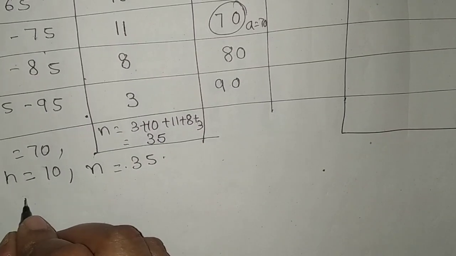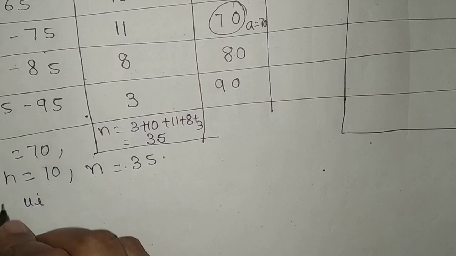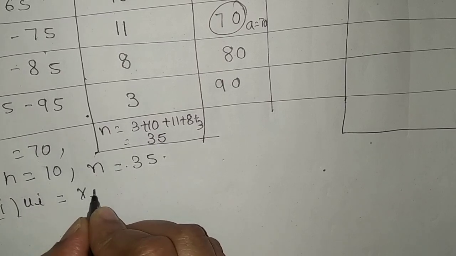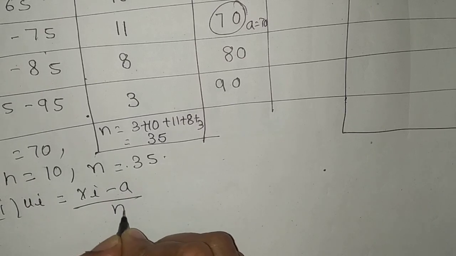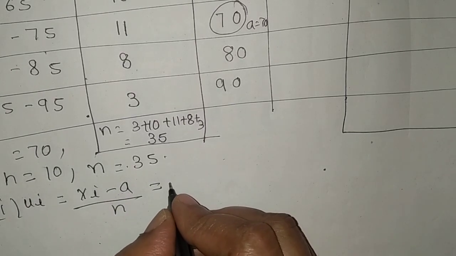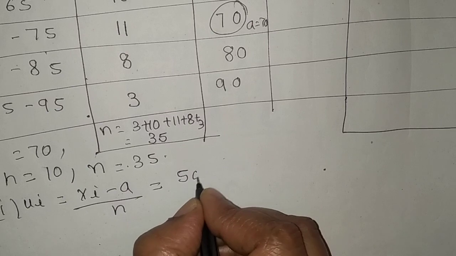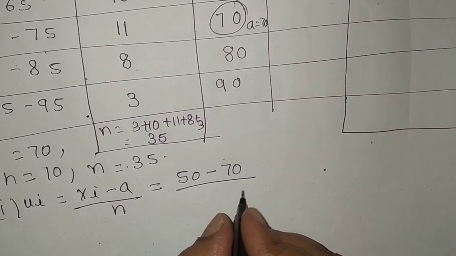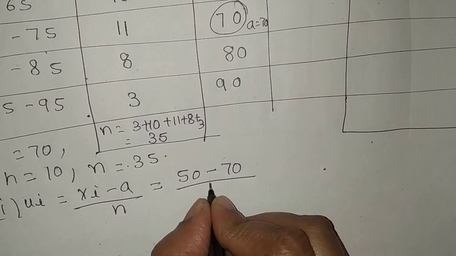So first we have to find out ui. In the first case ui is xi minus a by h. So what is xi? 50 minus 70 by h, which is 10.